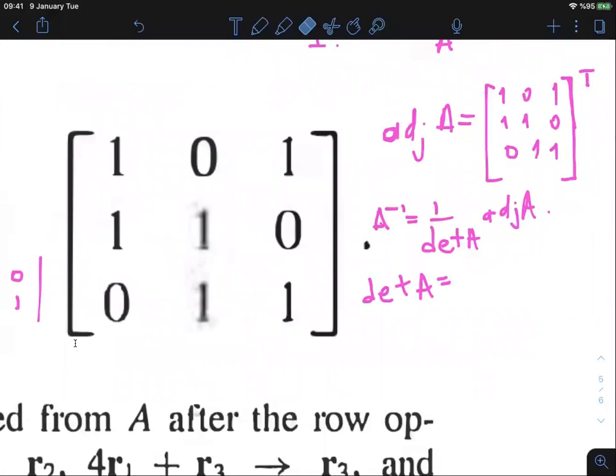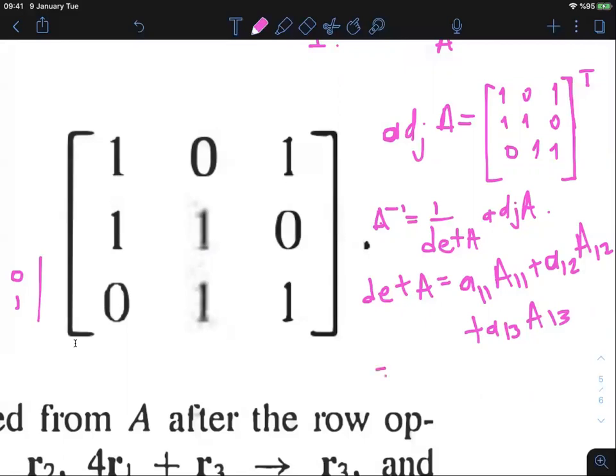Okay, so when we compute the determinant, we can compute a11 times A11 plus a12 times A12 plus a13 times A13. Small a's are the entries of the matrix and the capital A's are the cofactors.